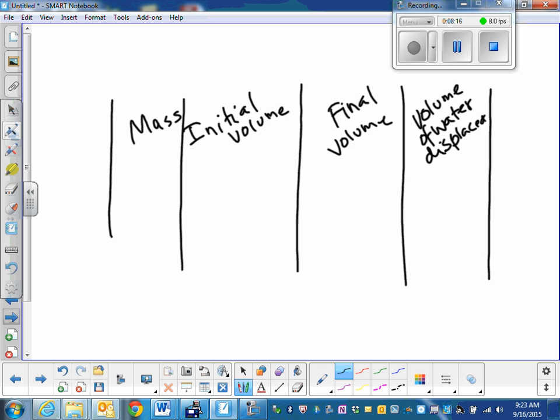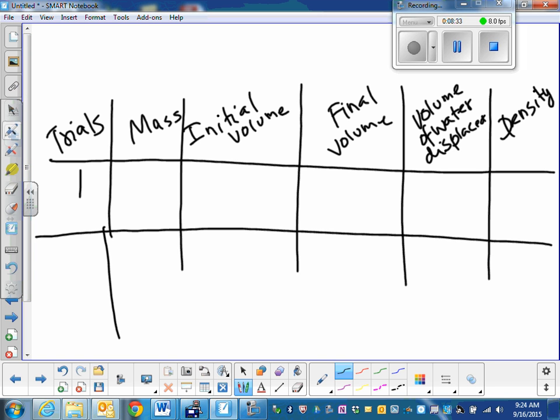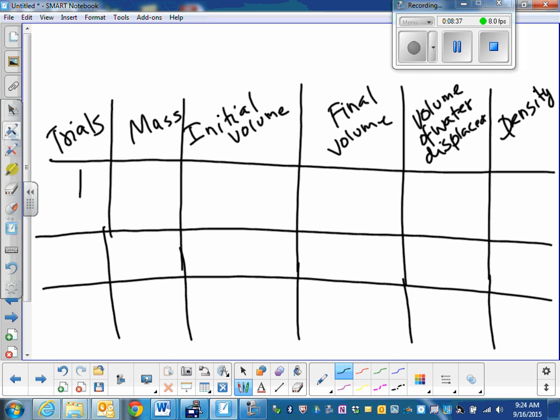And then I have the density. Is that right? And these are my trials. Trial number 1, 2 and 3. Correct? All right.